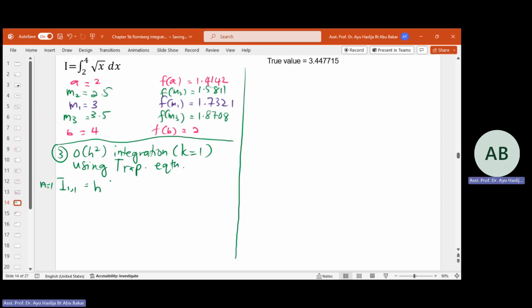So h multiplied by f(a) plus f(b). Okay, h here is (b minus a) over n. Try to calculate what you get.